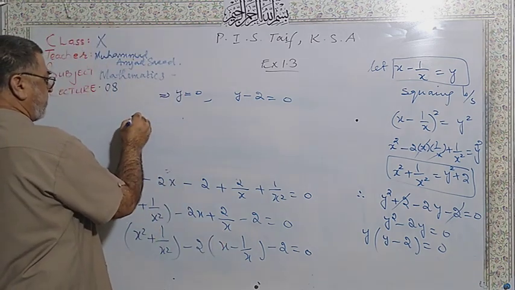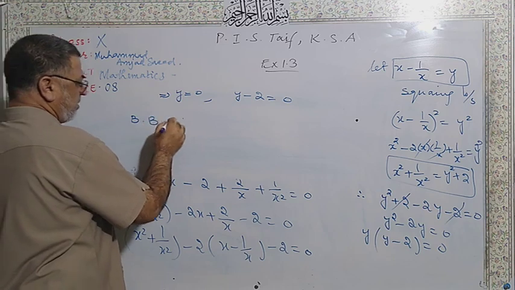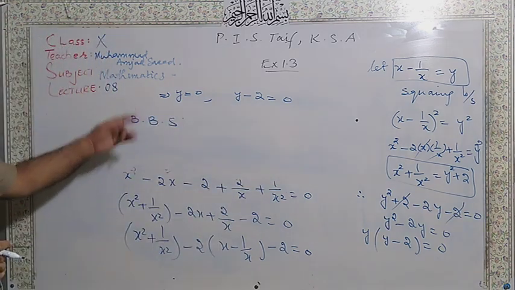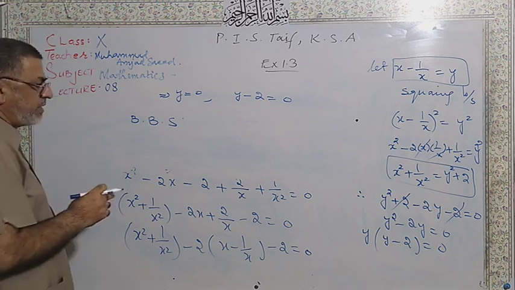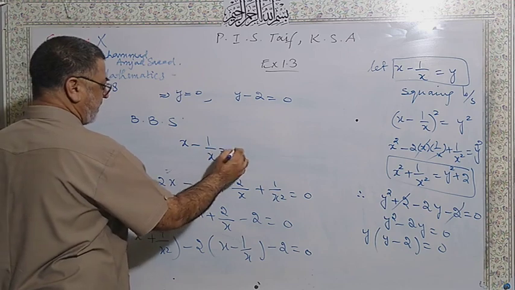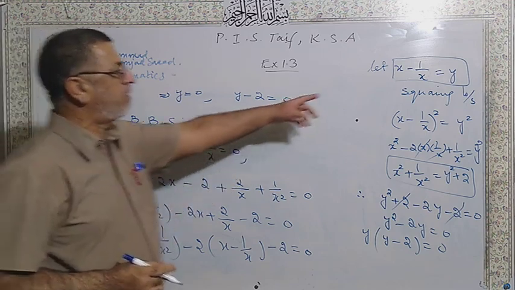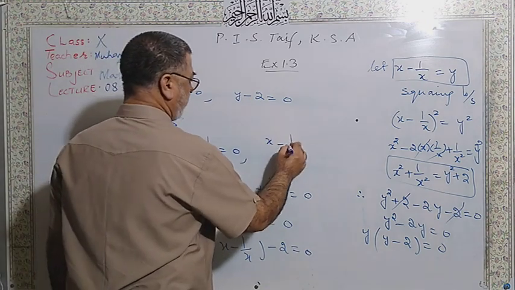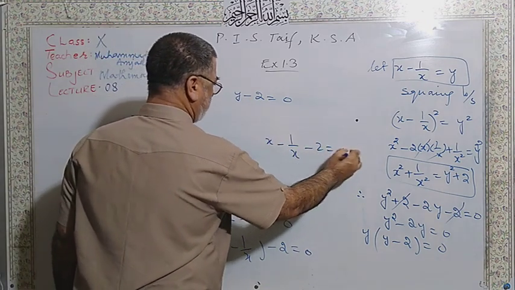By backward substitution, because your value was not in y, your question was in variable x, so that's why we converted it. Instead of y, x minus 1 over x is equal to 0 from here. Similarly, x minus 1 over x minus 2 is equal to 0.